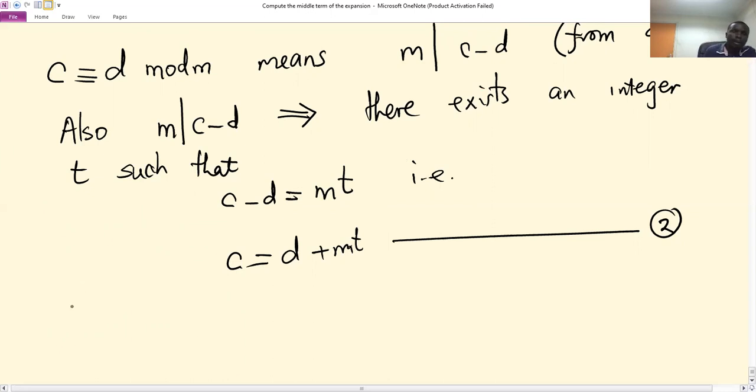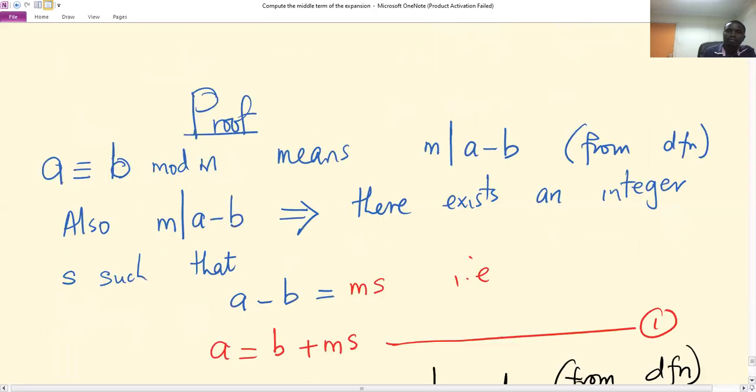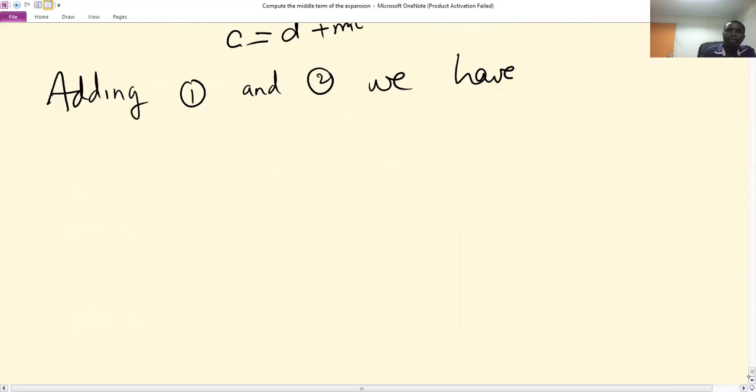So adding 1 and 2, remember we have 2 equations.